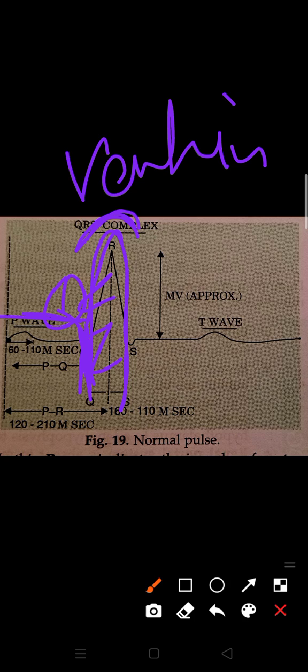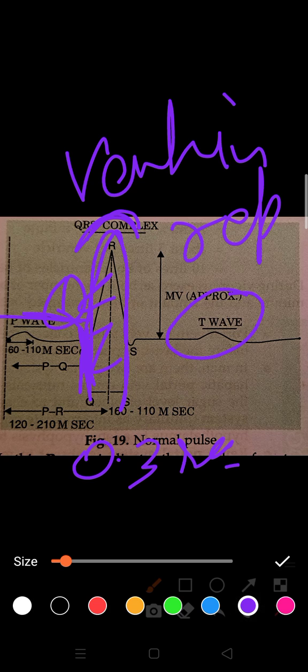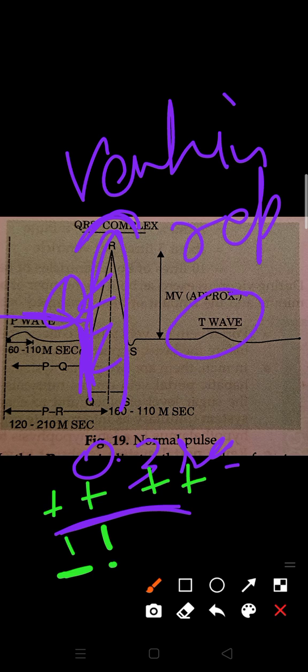Next, the QRS wave and ST interval represent ventricular contraction, and it lasts for 0.3 seconds. The T wave is the last wave and represents repolarization. Polarization and depolarization, where ions shift, I have already explained. What does repolarization mean? Again suppose some muscle has positive ions here and negative ions there, and the ions shift back so it returns to the normal condition.